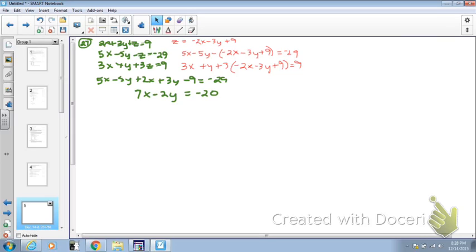Okay, then I'm going to do this equation. Let's see, I've got 3x plus y, and then I'm going to distribute the 3, so minus 6x minus 9y plus 27 equals 9. And simplify that one. So it's negative 3x minus 8y, and subtract 27 is going to be negative 18.